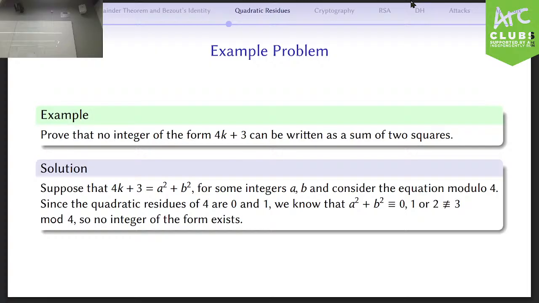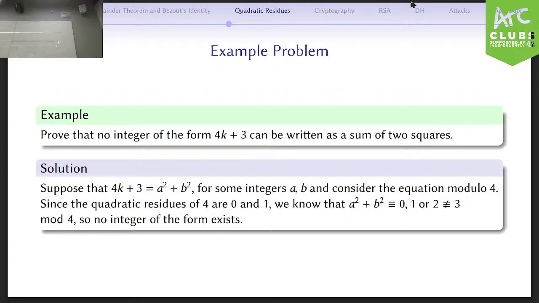Okay, a squared plus b squared is 3 mod 4. If we remember our quadratic residues, it's a quadratic residue if there's some number that satisfies this for some p.